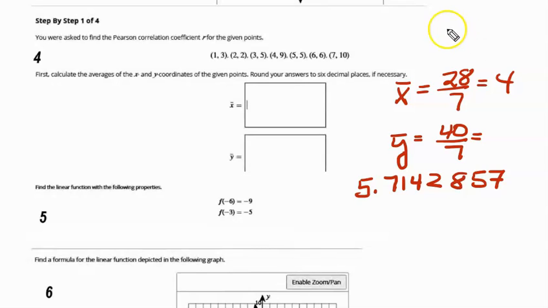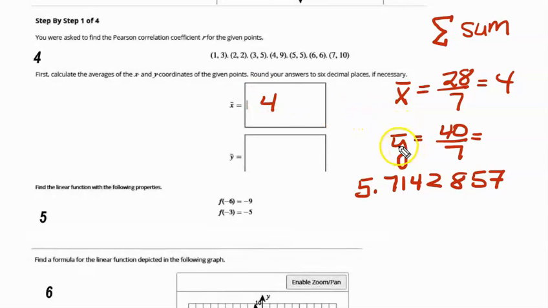And remember this symbol here, it looks like a funny shape E, is the sigma Greek symbol for the sum of something. So the sum of our x coordinates is 28. There are 7 items, which give us a mean of 4.